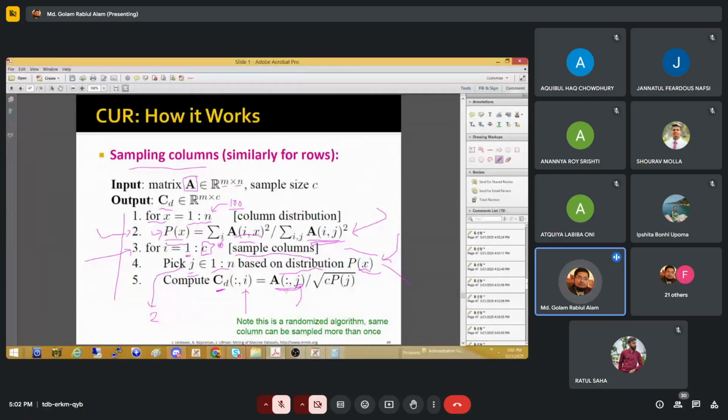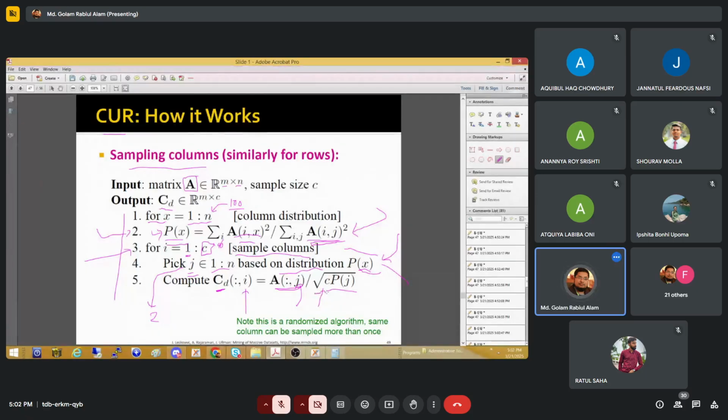Sometimes we convert those values to a unit vector, but in the case of CUR distribution, we normalize those values using the probability distribution and the number of columns.